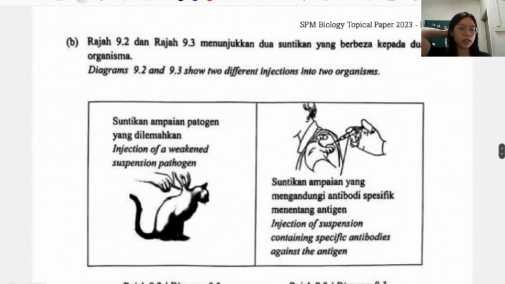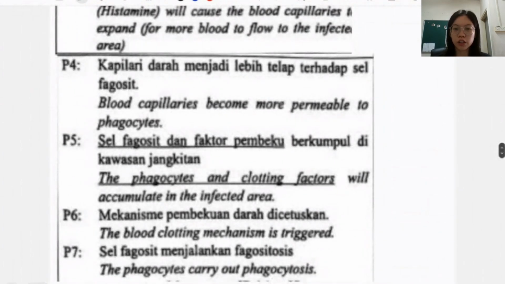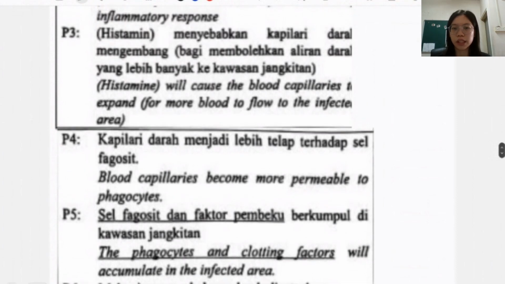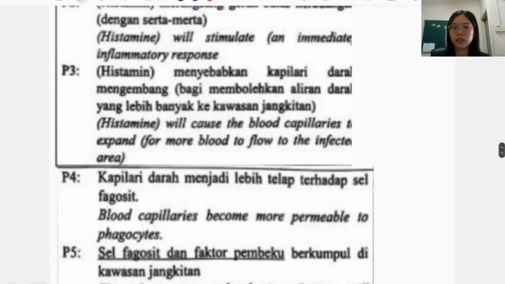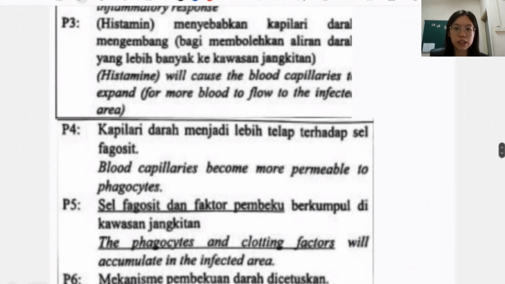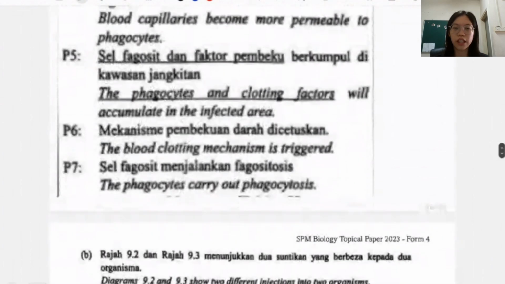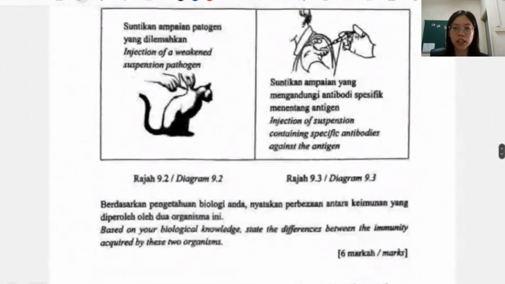Basically, it wants the phagocytes and the clotting factors to accumulate at the wounded or infected area. So how does it let them accumulate? It causes the blood capillaries to expand for more blood to flow and increases the permeability so that the phagocytes can squeeze out from the blood capillaries and go to the infected area, so that blood clotting and phagocytosis can occur.